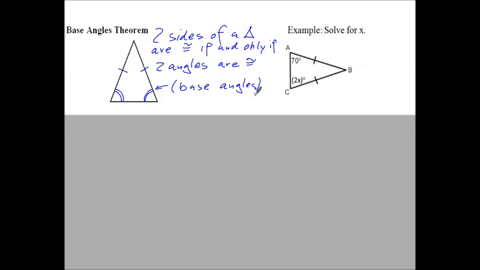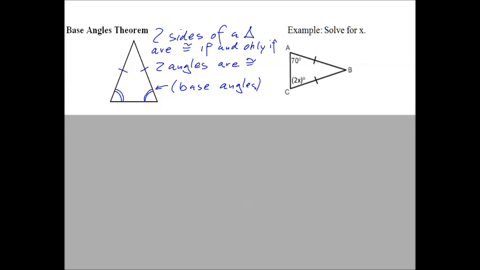Look at the example on the right. We can use this theorem to find out stuff. Here we're supposed to solve for x. We see that two sides are congruent, and then we have the two base angles. If we were to take our paper and turn it sideways 90 degrees, you see that the segment AC is the base, and those are the two base angles, and they are congruent.